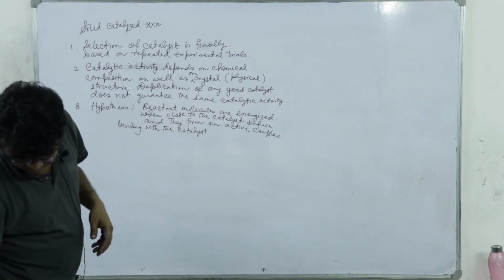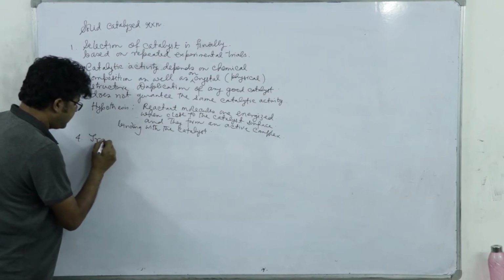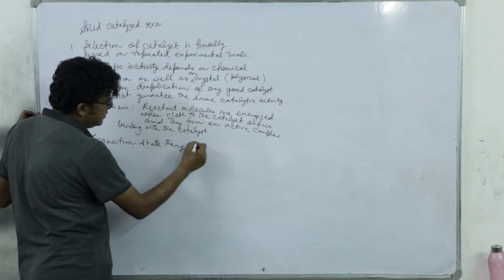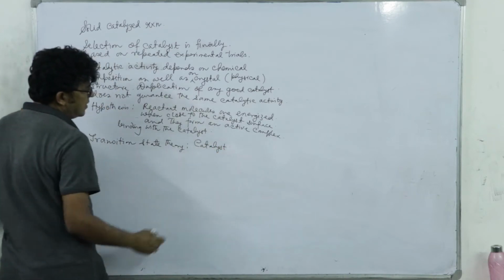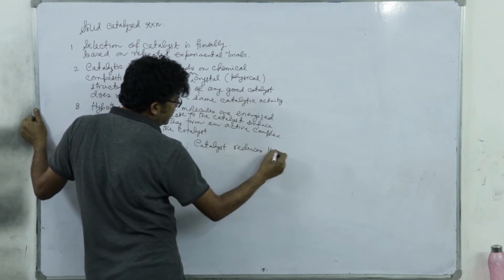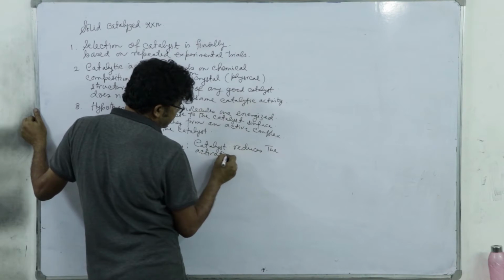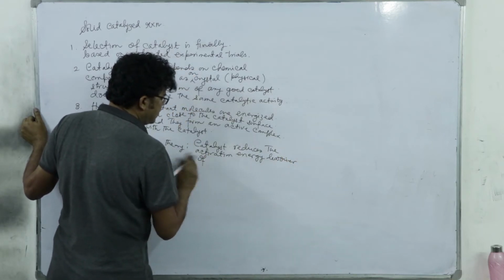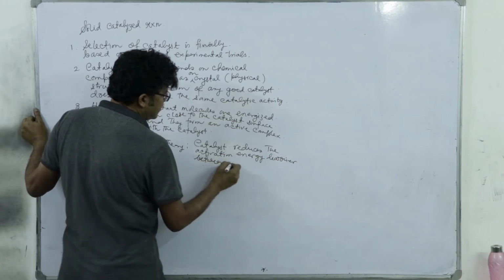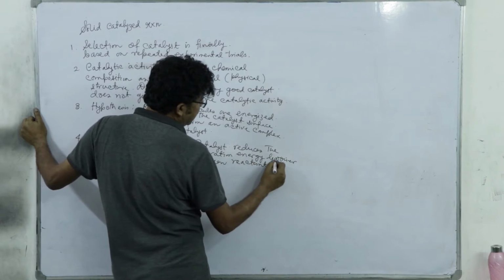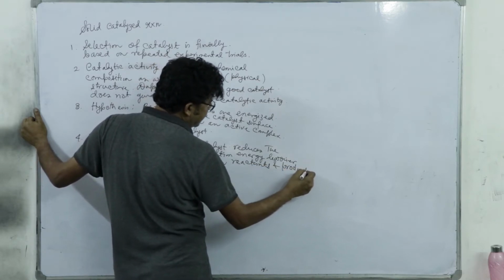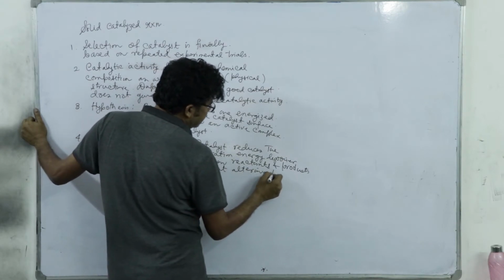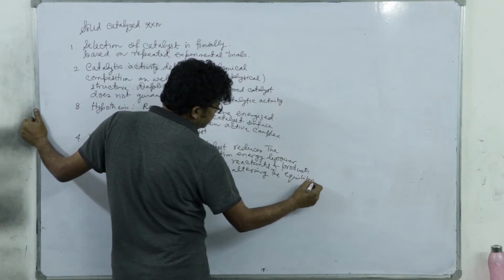The transition state theory proposes the hypothesis that catalyst reduces the activation energy barrier between reactants and products without altering the equilibrium condition.